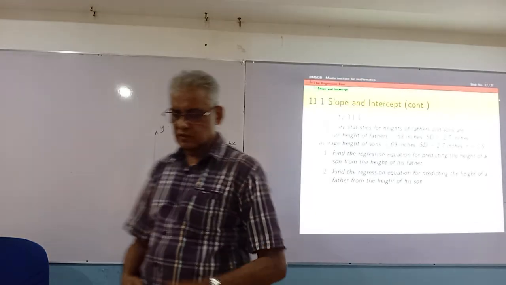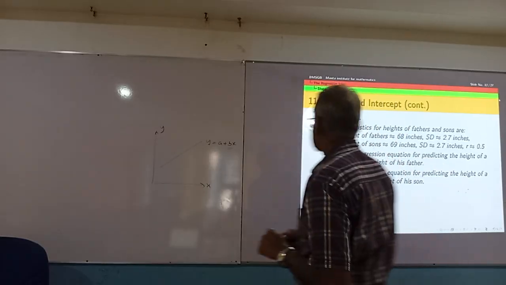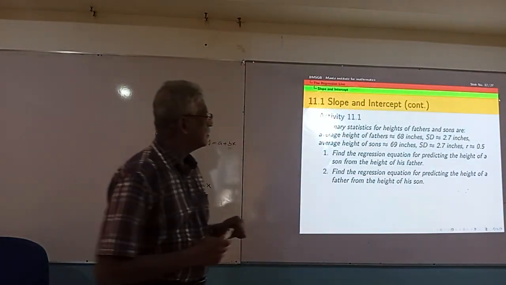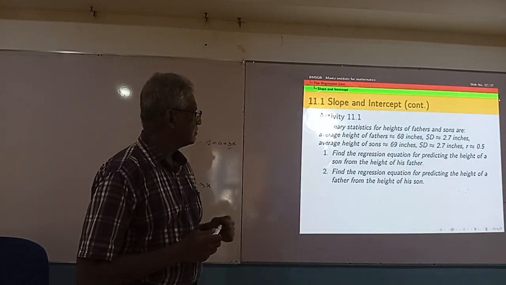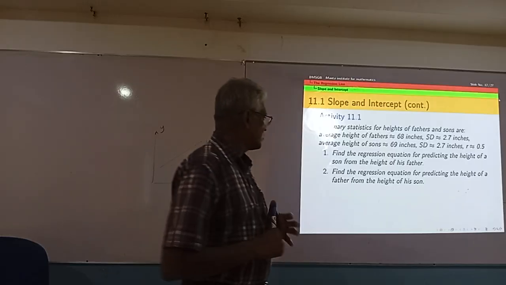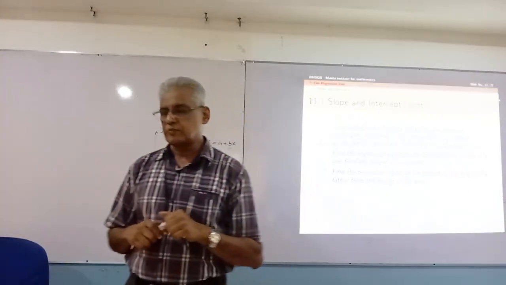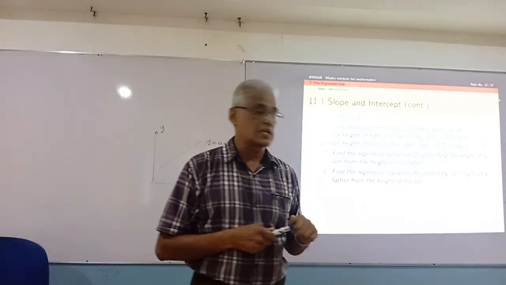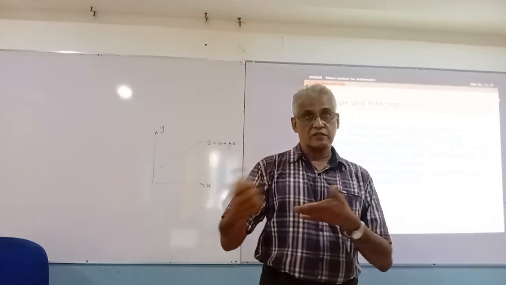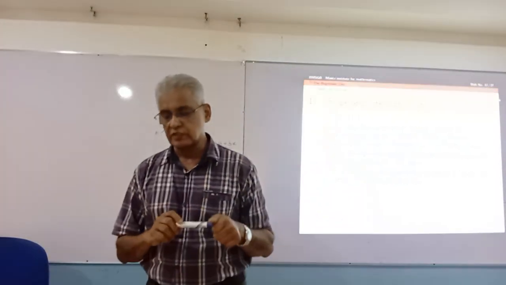So we look at this example activity. I just wanted to show you that I told you there are two regression lines, y versus x and x versus y, and they are two different things.